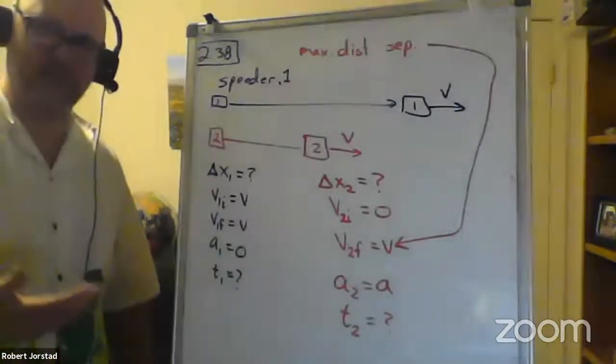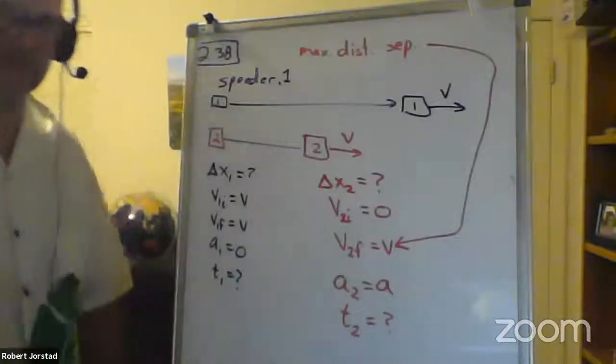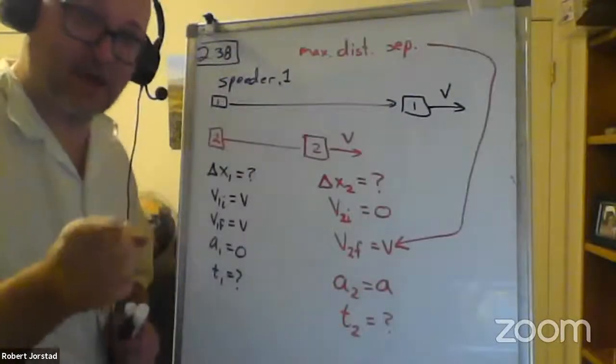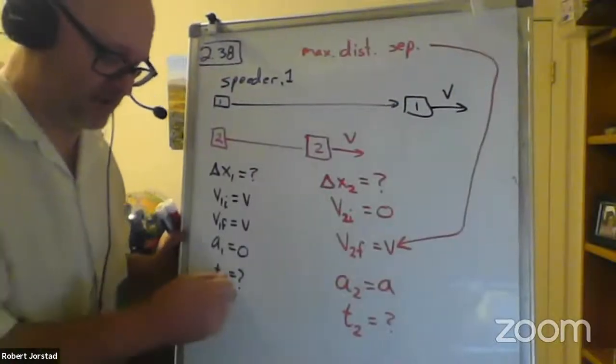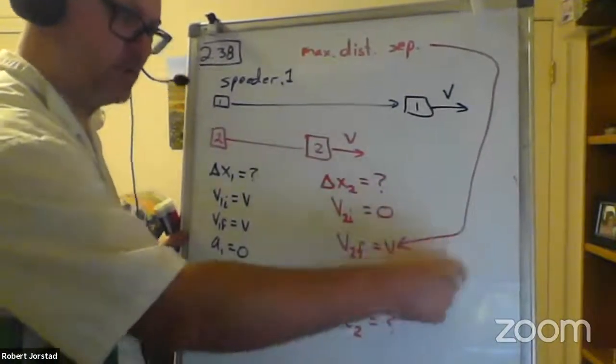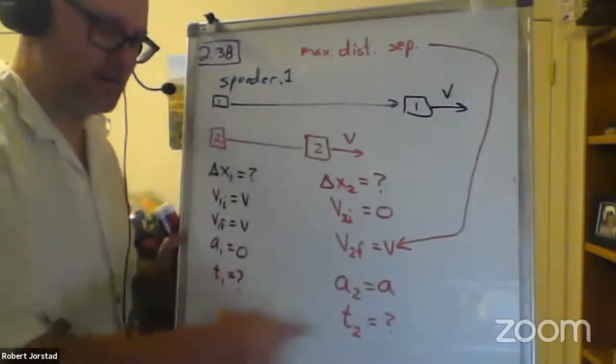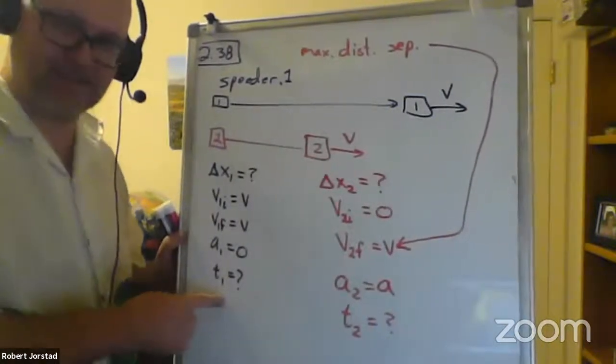Or what else do we need? How do you get that delta T going? So time 1 and time 2 are no longer equal. That's what's different. In problem 2.36, I said, call this T, call that T. We solved this problem for T. We took that T and shoved it in here. That won't work anymore. This time and that time are not the same.